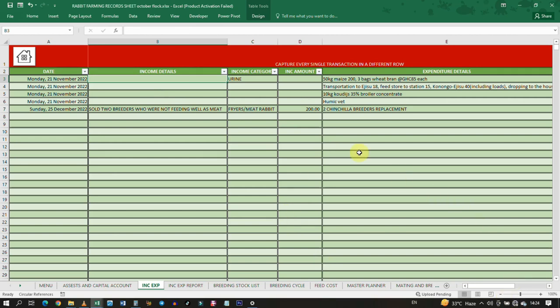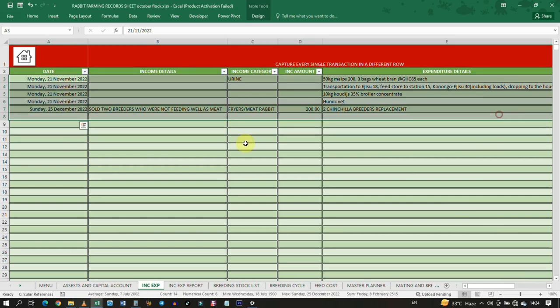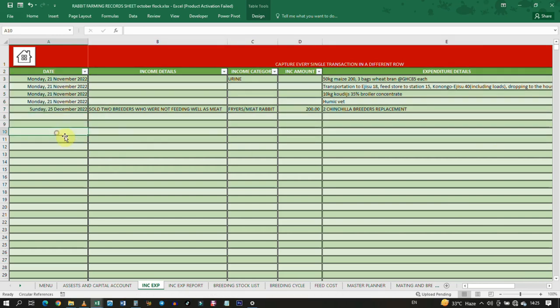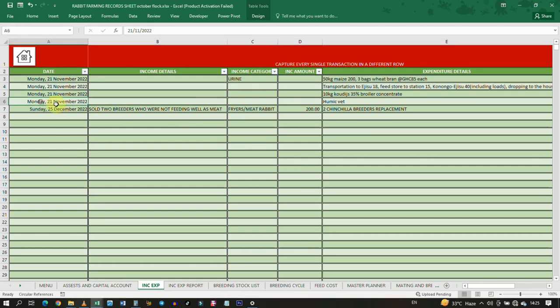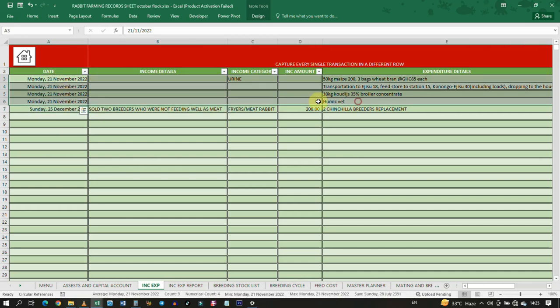Then also the same thing for the expenditure. If it's the same date, you have to enter it. If it's a different date, you can come and enter the different dates. And then the expenditure. So for example, I have 21st May, my expenditure was all the way here. I think I went to buy a particular thing on this date, so I bought a lot of things at a go.